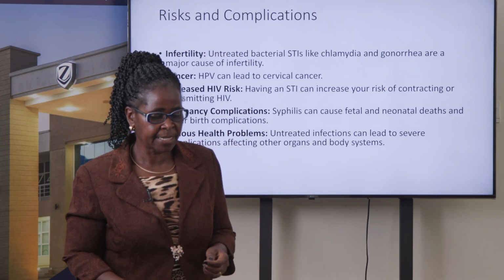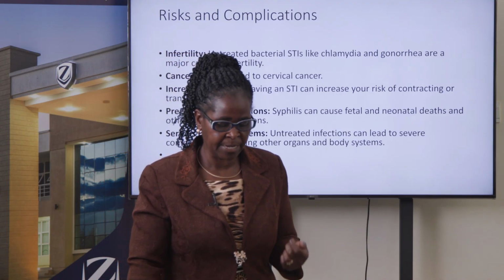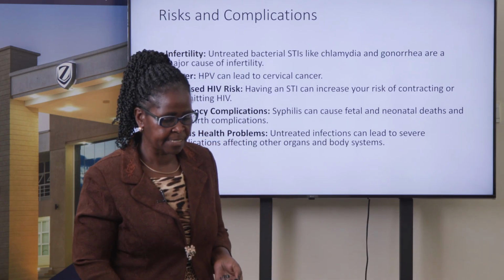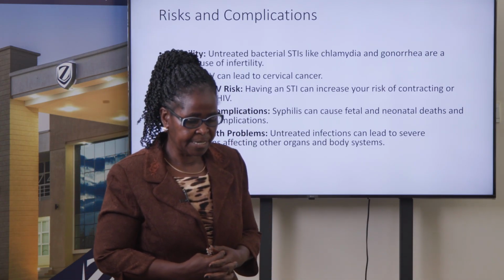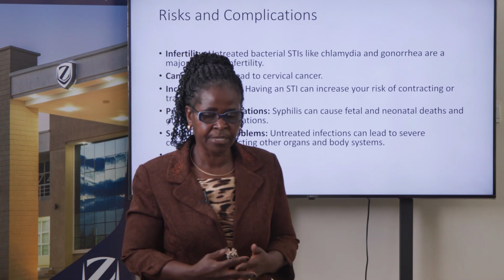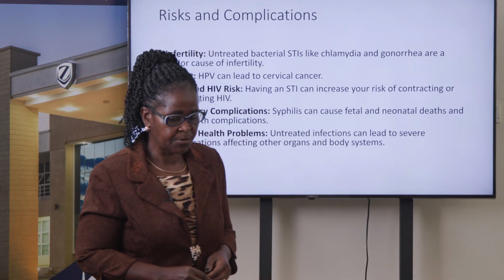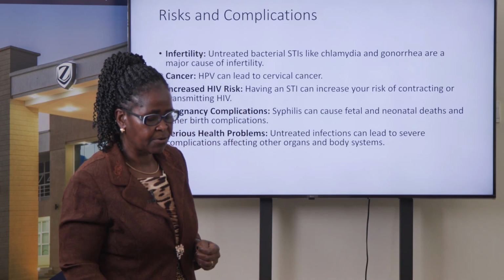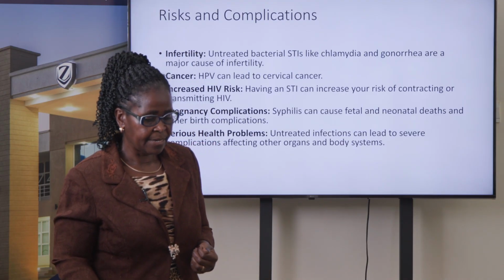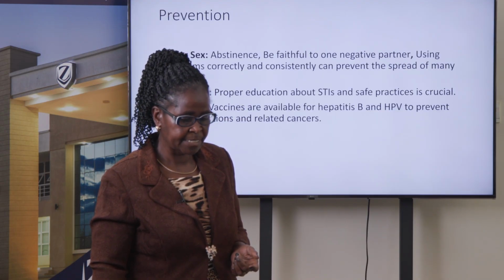Human papillomavirus can lead to cancer of the cervix and even other parts, as you'll learn as we go on. It also increases HIV risk. Having STIs can increase the risk of contracting HIV because now your body has lowered its immunity. Pregnancy complications are another complication of STIs. And then serious health problems if some of these are left untreated.